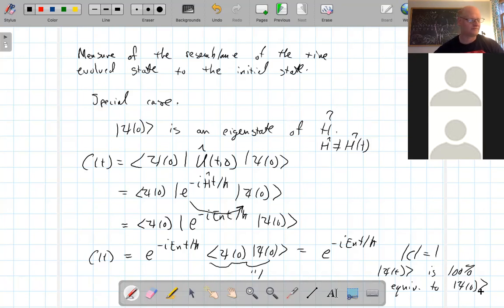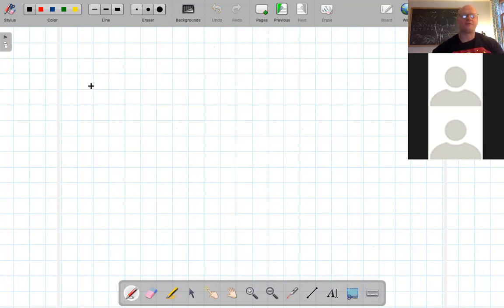Cool. Now, in a more general situation, what we're typically going to do, as we've done before, is evolve both of these in terms of some other parameter. So let's do a superposition over some A_n's.